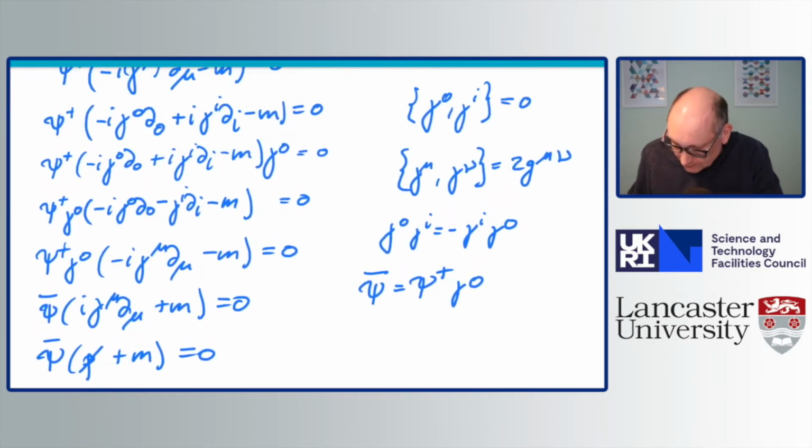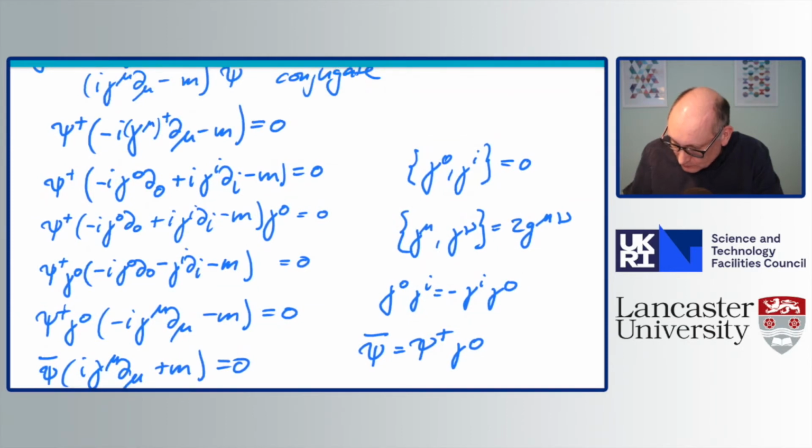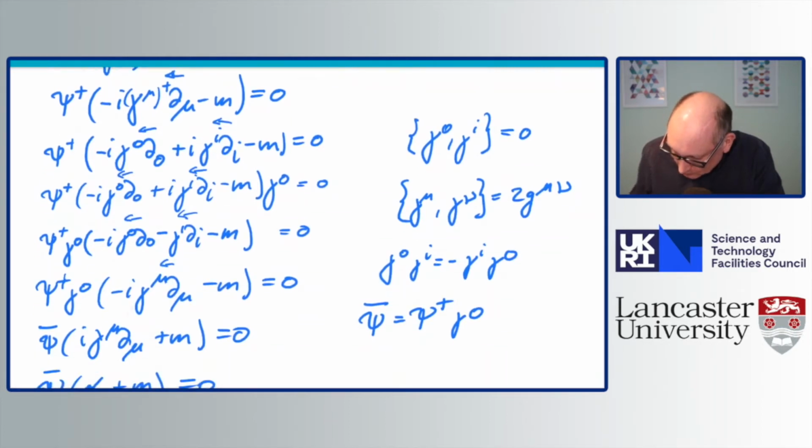I should have said here that when we do the complex conjugation, of course one understands that d mu acts to the left. All of these derivatives act on the psi to the left, where normally derivatives act on what comes after them, but nothing comes after them to the right here.